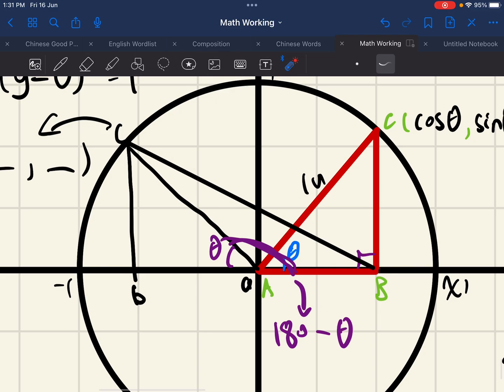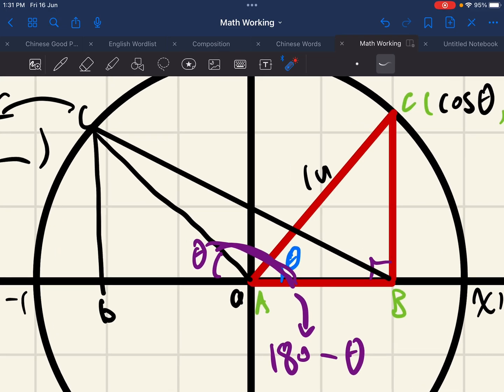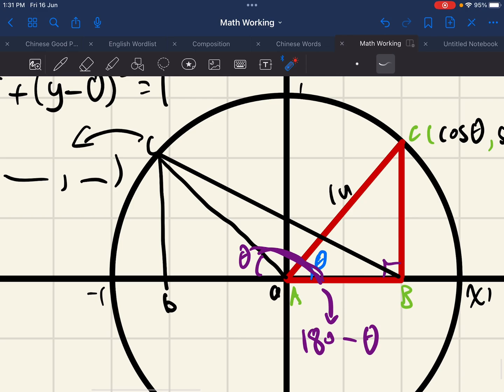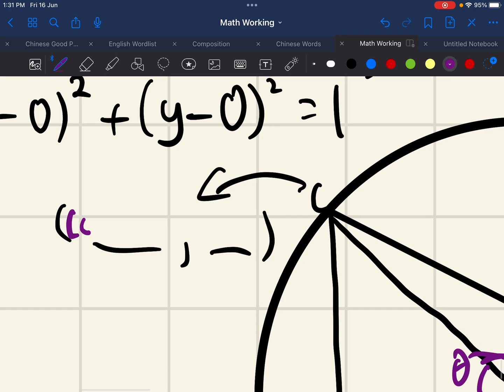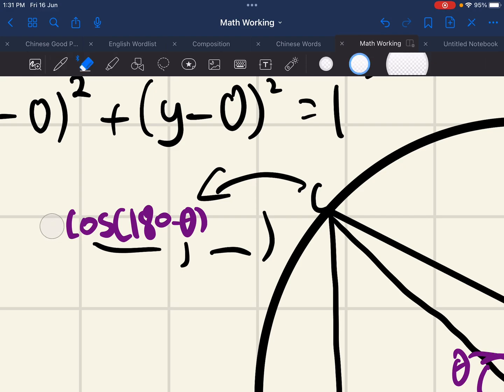So what happened now is that I know this angle here is 180 minus theta. Okay, so to find coordinate of C, which is to find coordinate of lower C, inside the formula, it will now be cosine 180 minus theta. Actually, you know what, I'll cancel everything away.